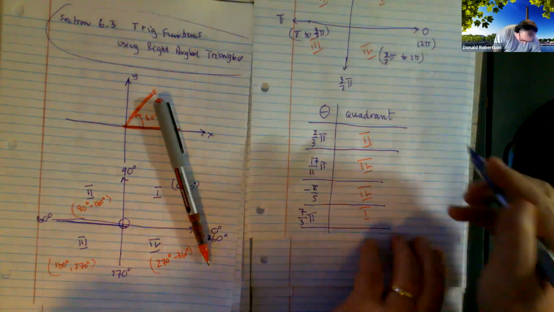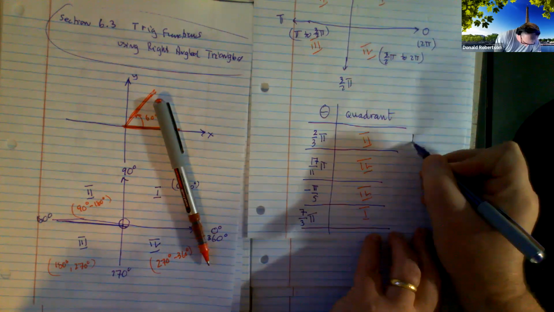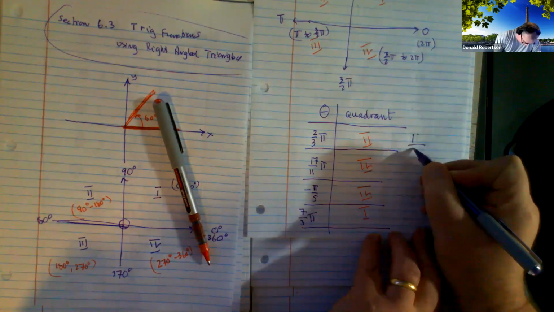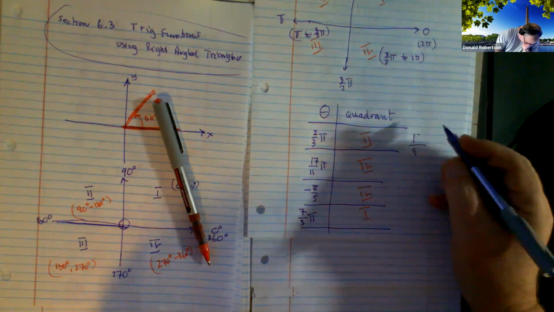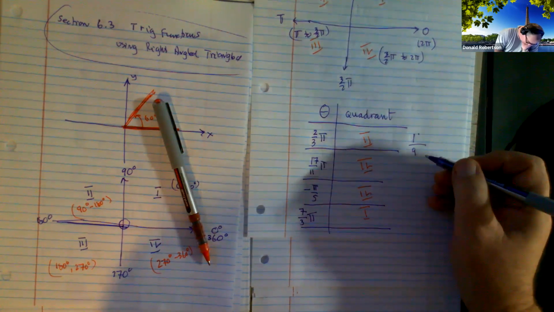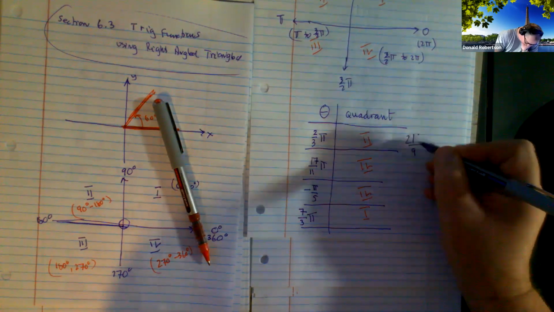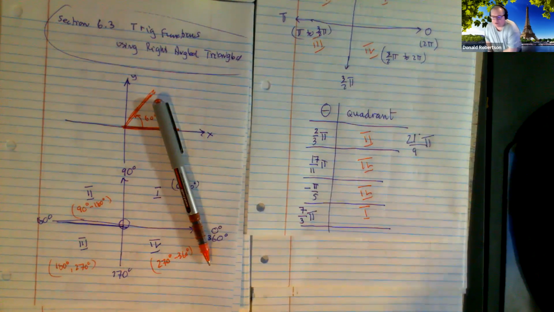Suppose someone gave me a number with 9 in it, bigger than 18. Suppose someone said 21/9 pi. Can you tell that that's bigger than 2 pi? So we know it went round the circle once.